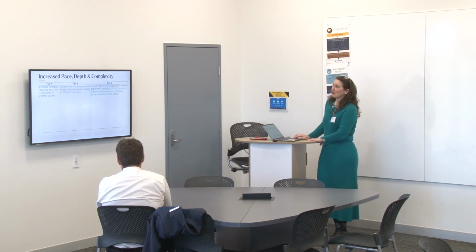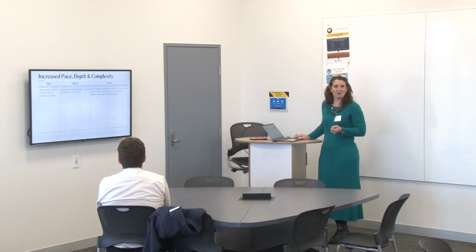And here's a secondary example that I put in to be topical. You could ask, compare Australia's COVID response to another country, but add a layer of complexity with, well, how does that change over time? And what are the different motivations of the different parties involved in this? How has each country responded, but how has each country responded relative to their own medical system?